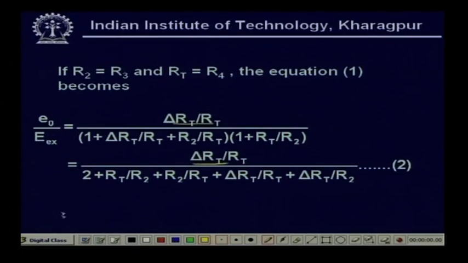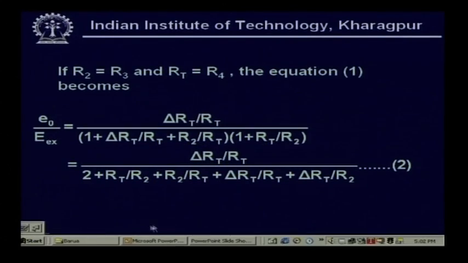In the denominator, if I multiply, a 2 will come, because R2 by RT and RT by R2 multiplied give another one. So this makes 2 plus RT by R2, plus R2 by RT, plus delta RT by RT, plus delta RT by R2. This is equation number 2.